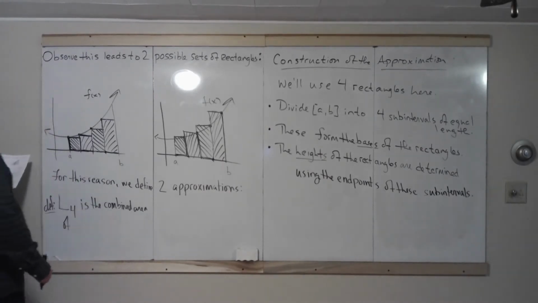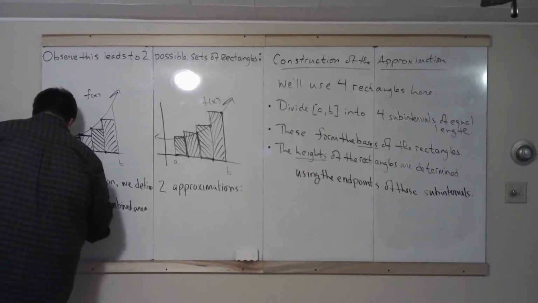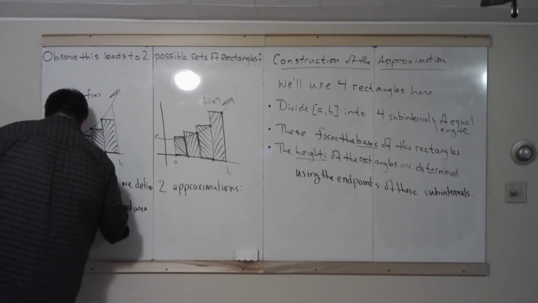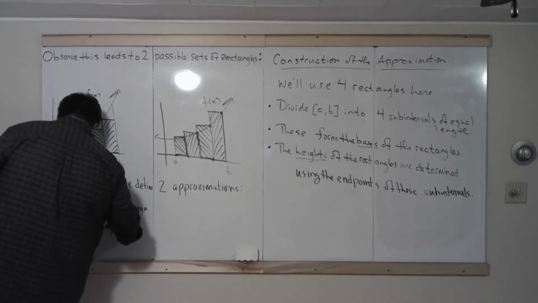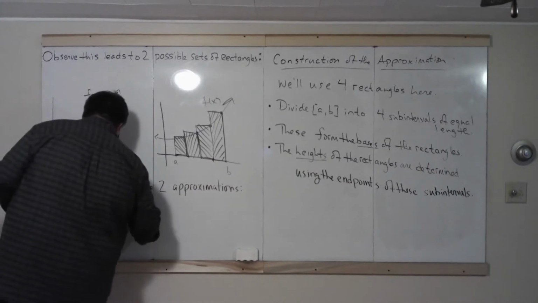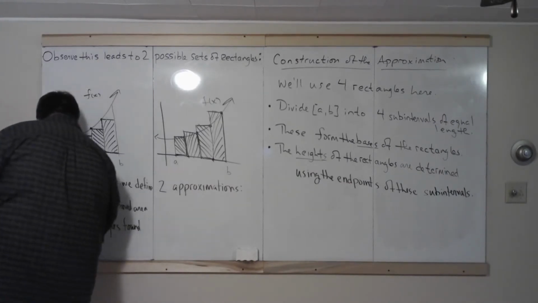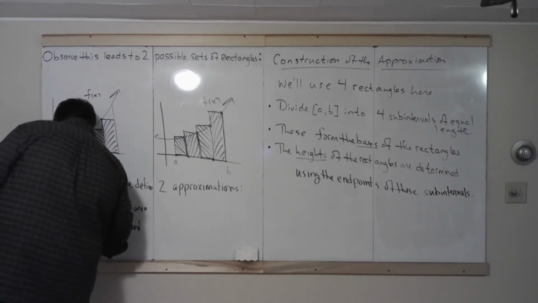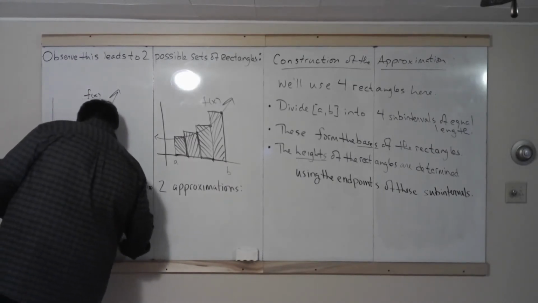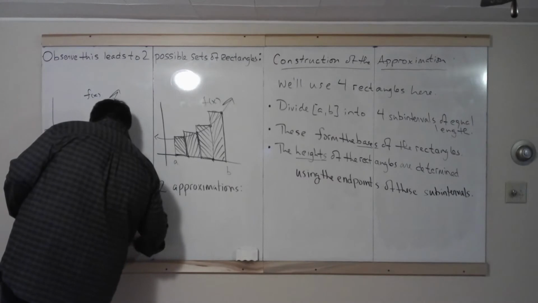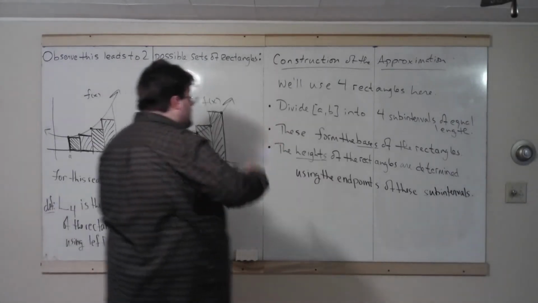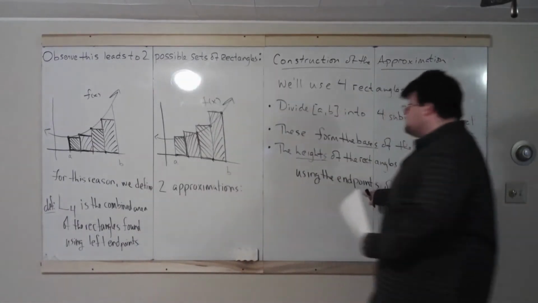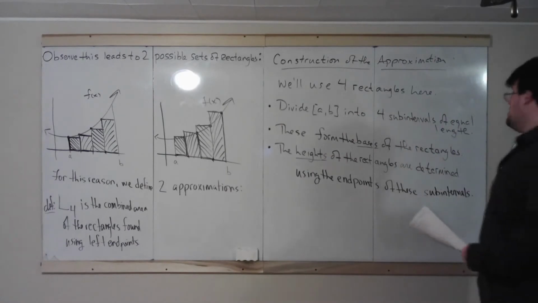L4 is the combined area of the rectangles found using the left endpoints, meaning the left endpoints as defined over here.